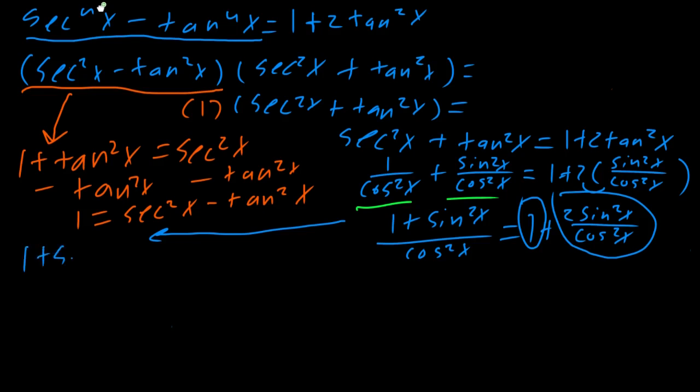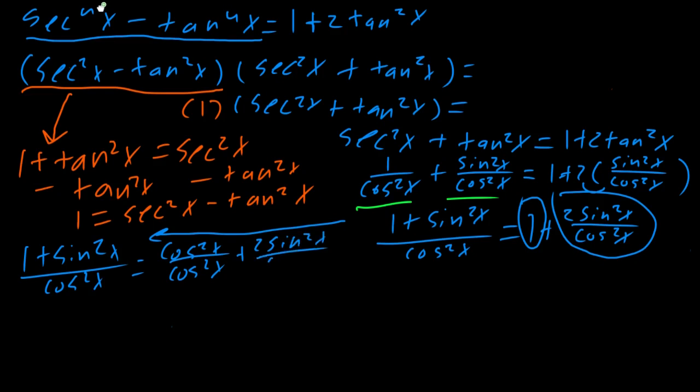Let me just write the rest of the equation real quick. We're going to multiply cosine squared of x over cosine squared of x by 1, which is just cosine squared of x over cosine squared of x, plus 2 sine squared of x over cosine squared of x.